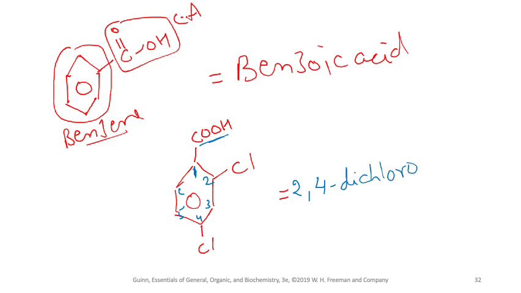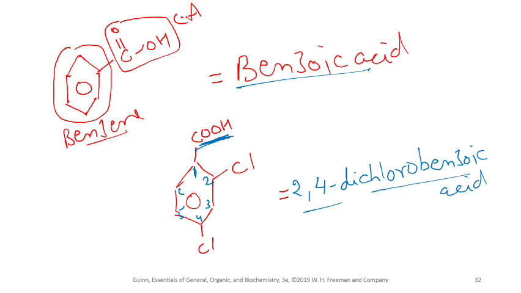And what is benzene plus carboxylic acid? Benzoic acid. That can be our parent chain, benzoic acid. 2,4-dichlorobenzoic acid, right? So this is one way of writing the name of any compound that contains benzene and a carboxylic acid.